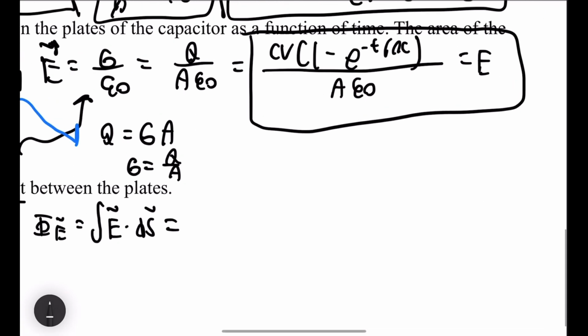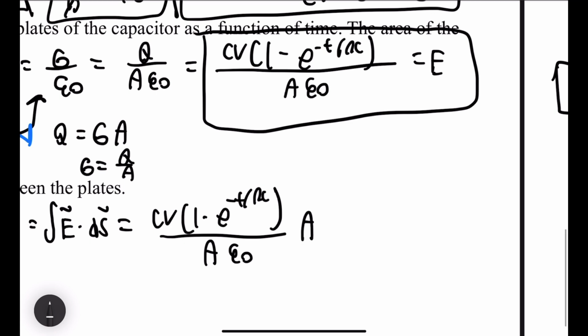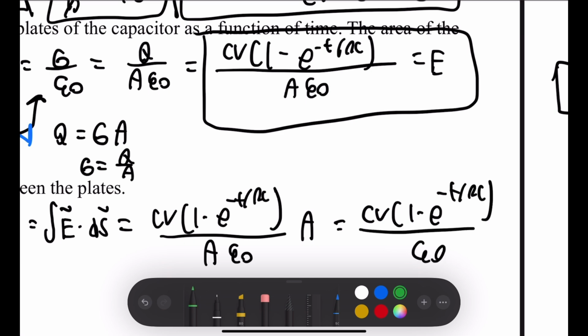I know what E is. E is this. So it's CV times 1 minus e to the negative t over RC over A epsilon naught times dS, which is just the area A. So this simplifies to CV times 1 minus e to the negative t over RC over epsilon naught, because the A's cancel.